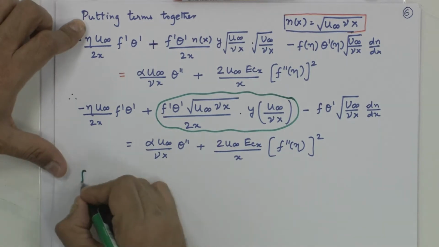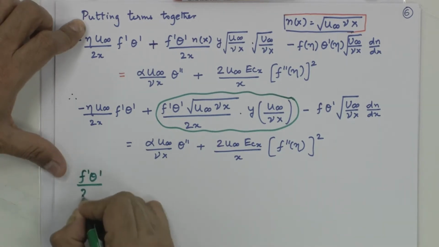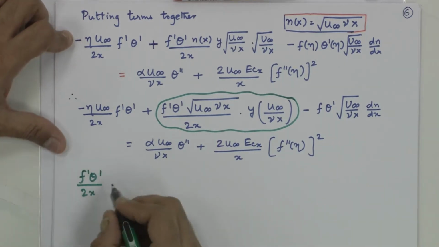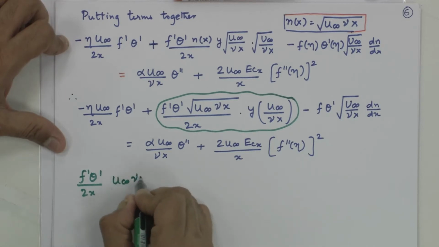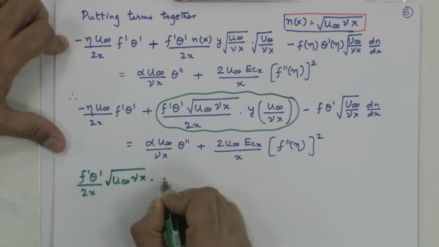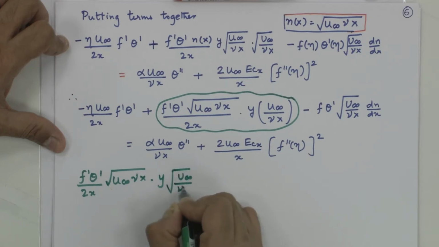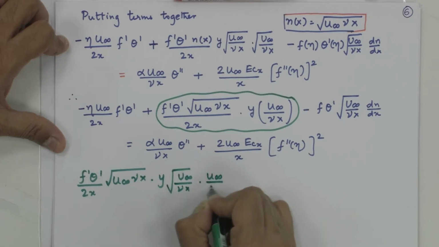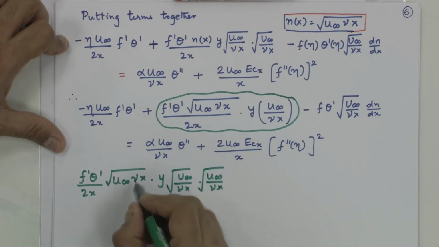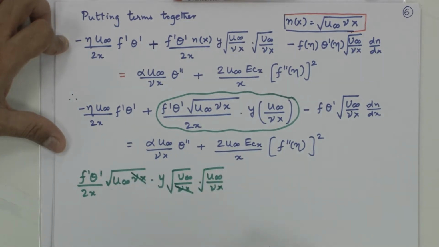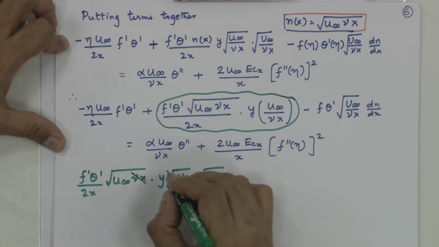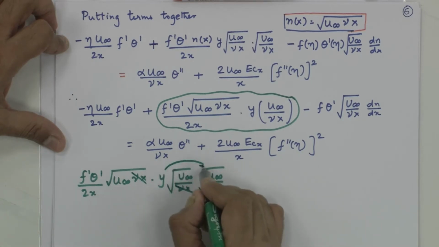So this one is f prime θ prime over 2x, root of u infinity by nu x, y root of u infinity by nu x, u infinity by nu x. So this one cancels with this. So you are left with this pair.